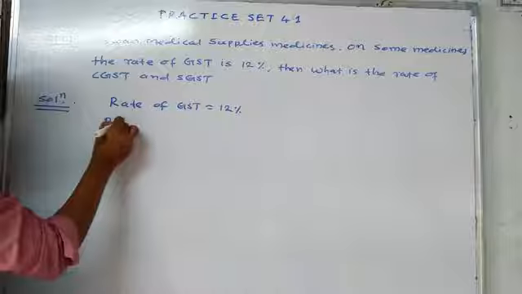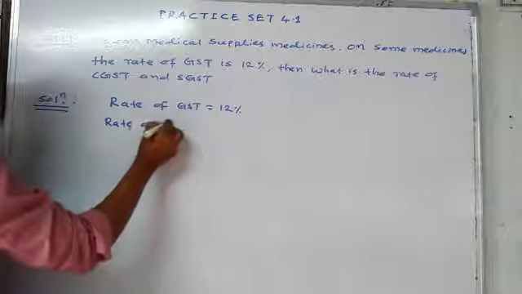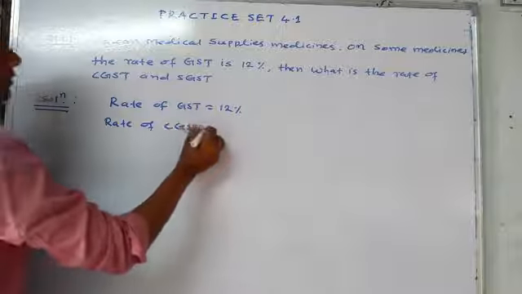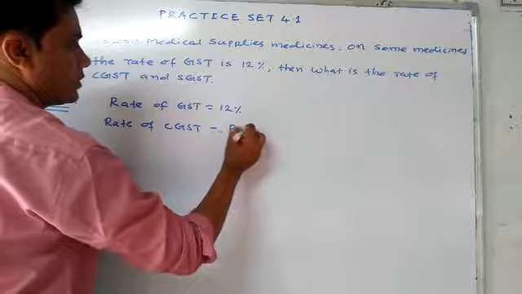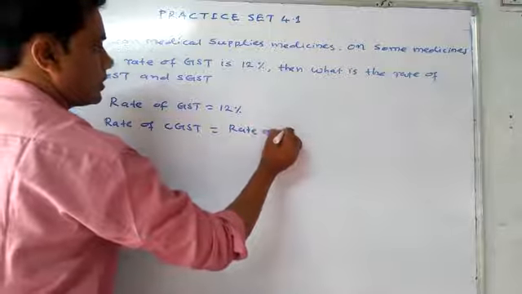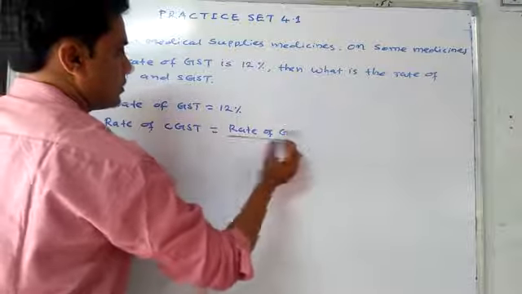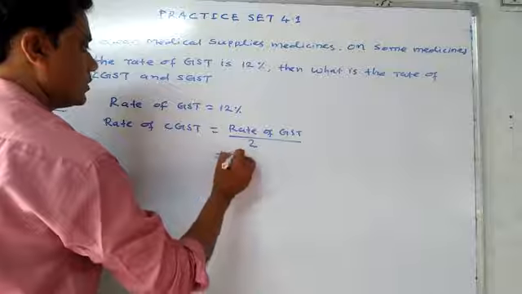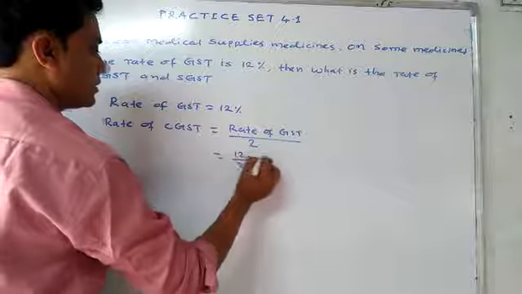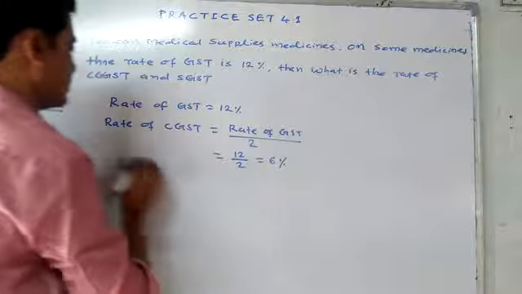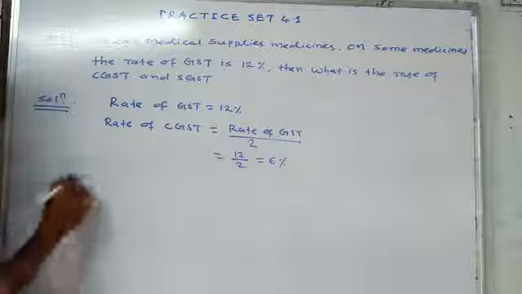So rate of CGST is equal to rate of GST upon 2. Rate of GST 12 by 2 means 6%. So rate of CGST is 6%.